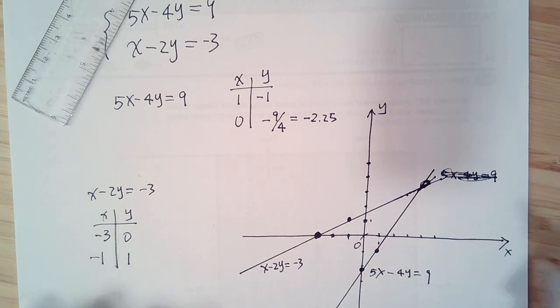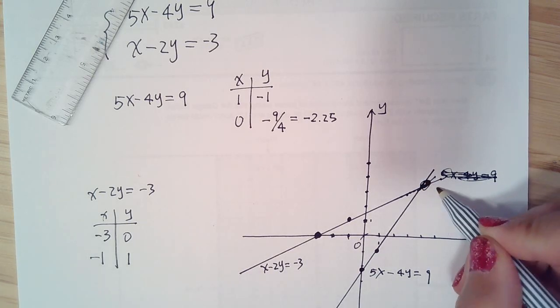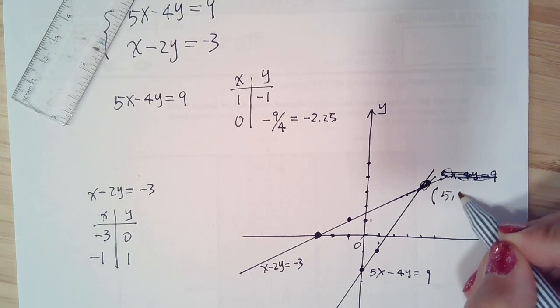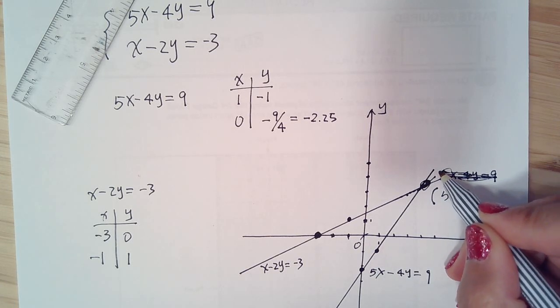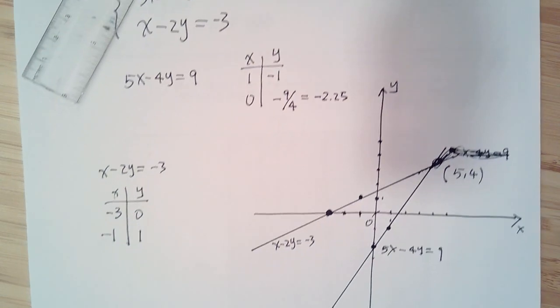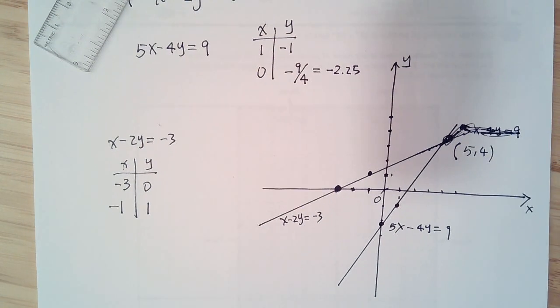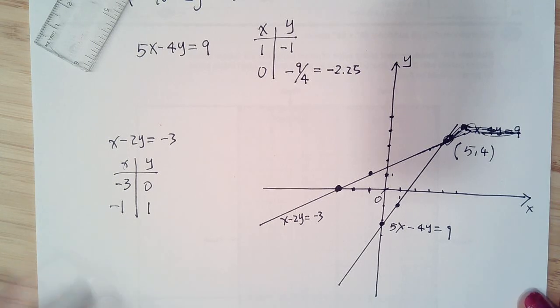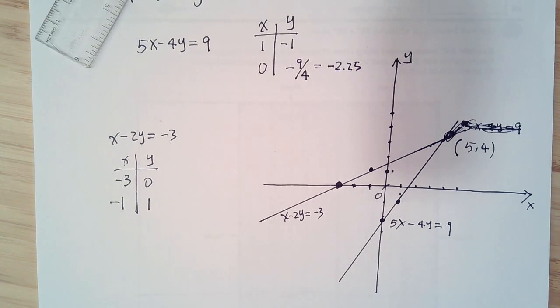Basically, if you can graph very accurately, your answer is 5, 4. It should be here. I'm so sorry, but it's not. Okay, you get the idea. That is why usually we don't use the graphing method unless you are very good at drawing graphs. Okay, so this is using the graphing method.